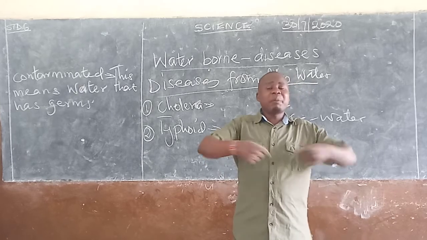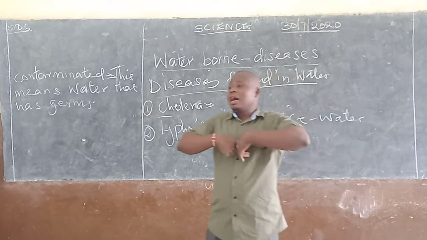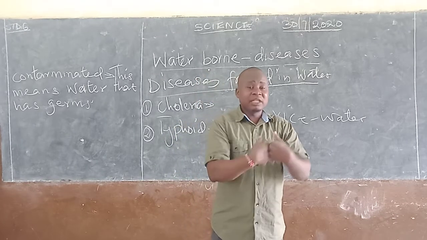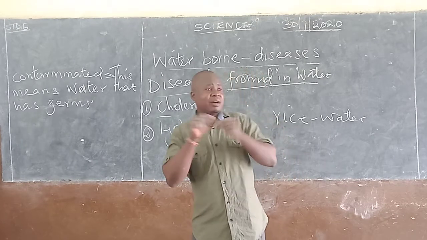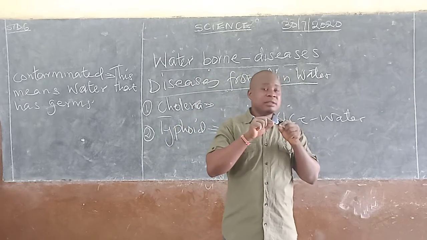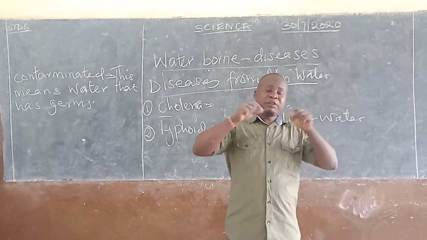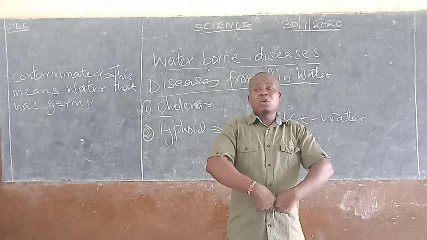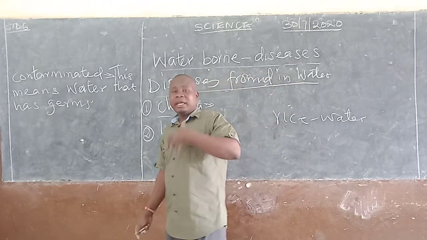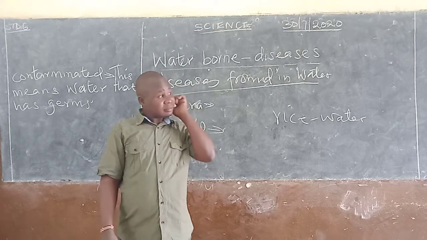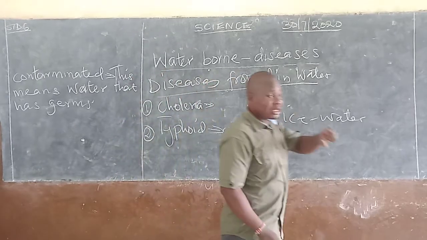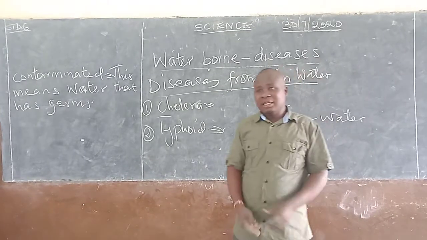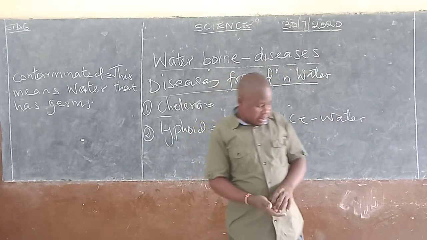For example, if one person has typhoid and urinates in water and somebody drinks that water, the typhoid germs will enter that person, because they are found in the intestines. Or if the feces of that person enter the water, that makes the water contaminated, and when you take it, you will automatically have typhoid.